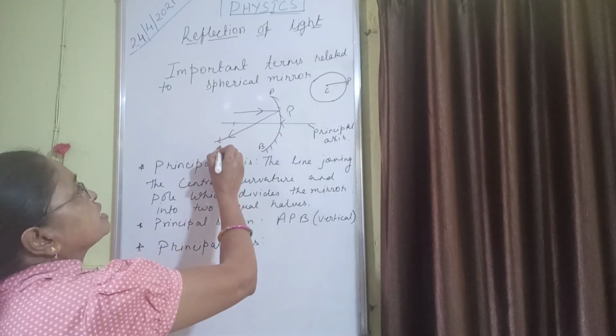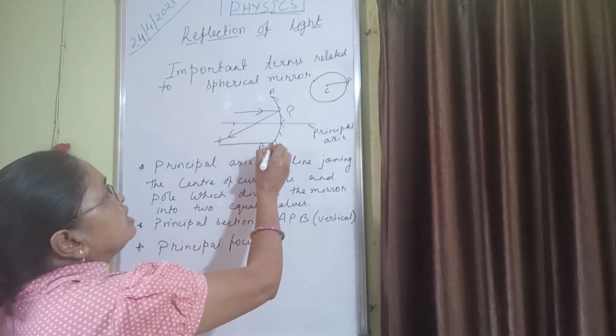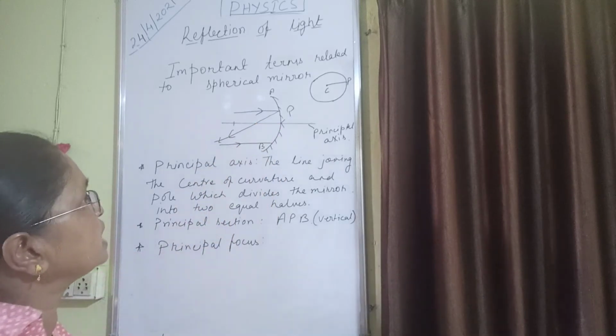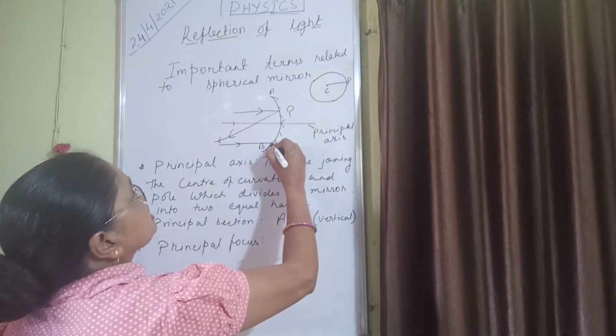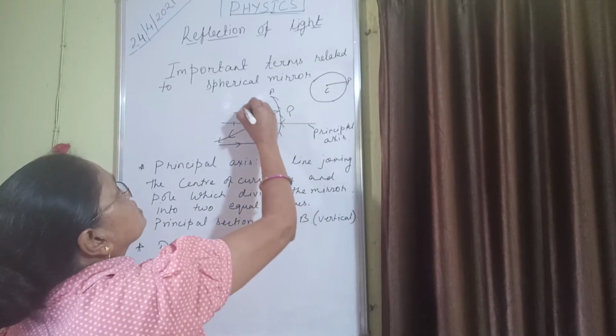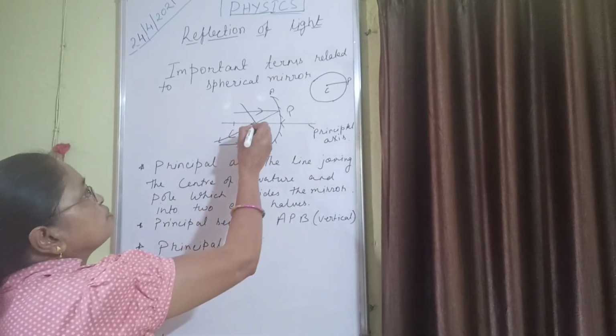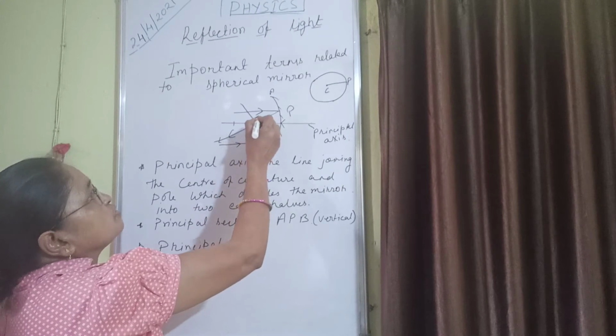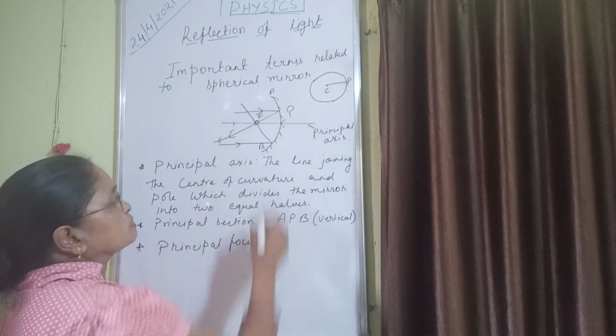Any ray you take, here also if you take a ray parallel to the principal axis, after reflection, it meets at a point on the principal axis. That point is known as focus, F.